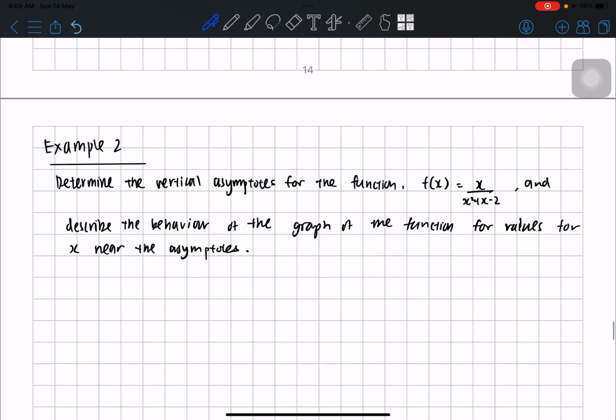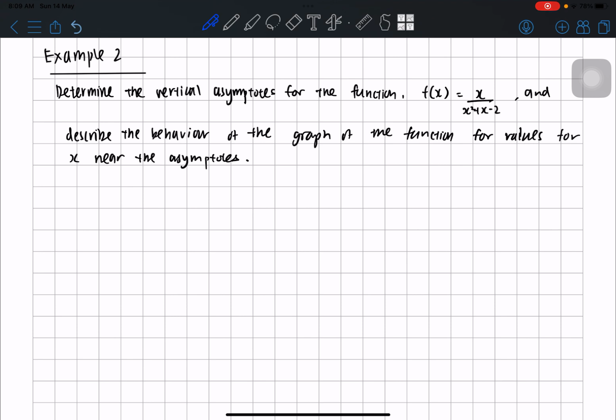Moving on to the next question. Determine the vertical asymptote for the function x over x squared plus x minus 2. Alright, so here we will have to determine the behavior of the graph and the vertical asymptotes of the function. To find the vertical asymptote, it's basically factoring the denominator.